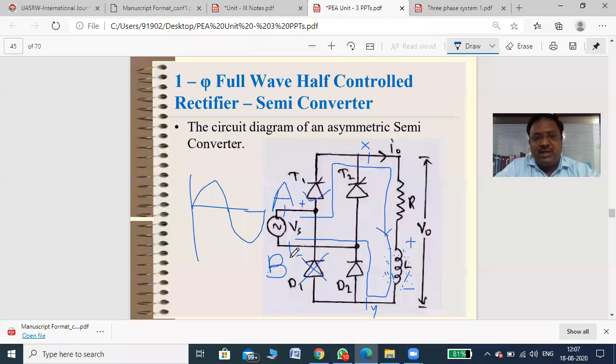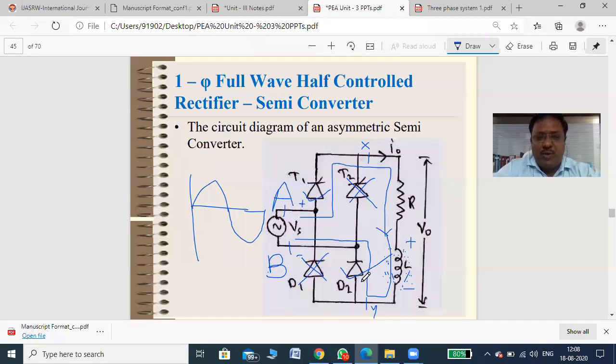Similarly, B is negative. It is connected to the anode of D2 as well as the cathode of T2. Because of minus B, thyristor T2 is in reverse bias condition, but diode D2 is in forward bias condition.